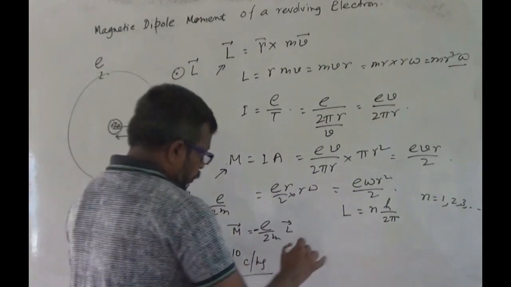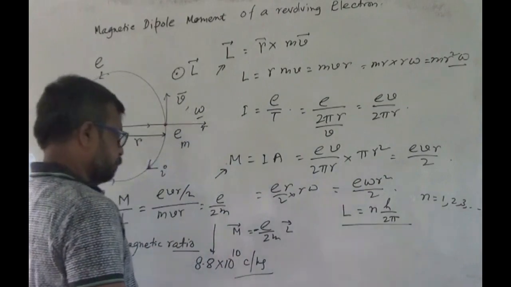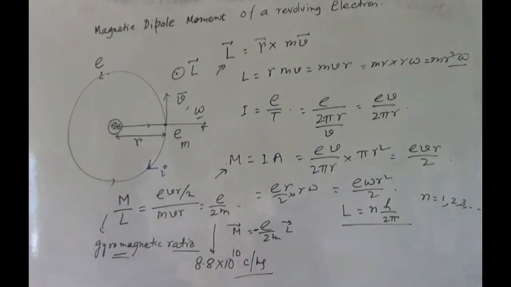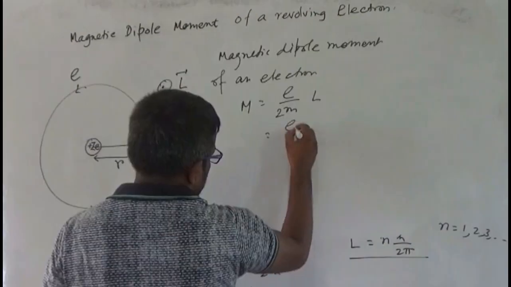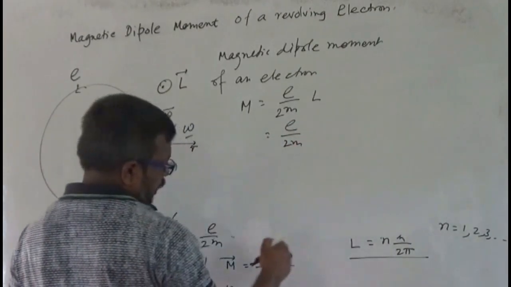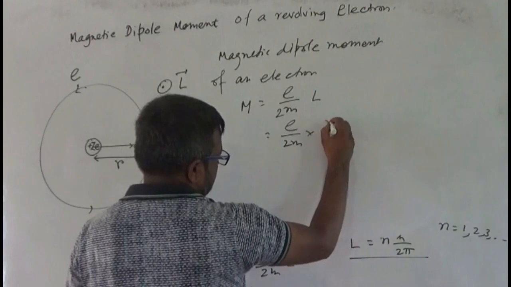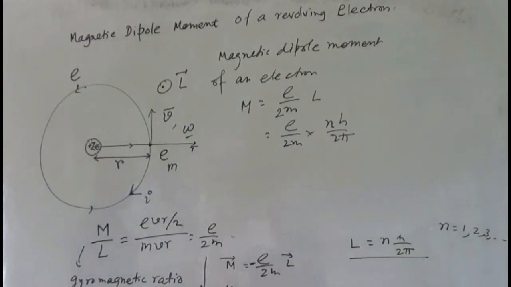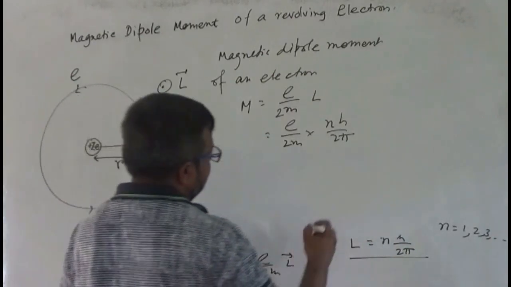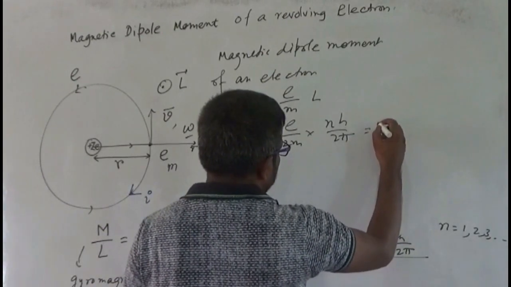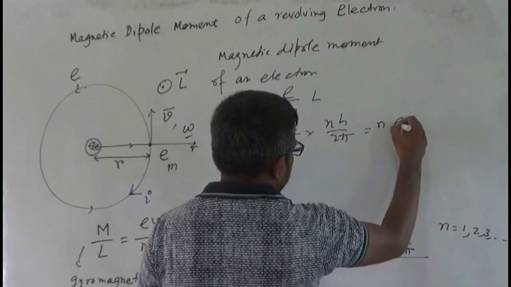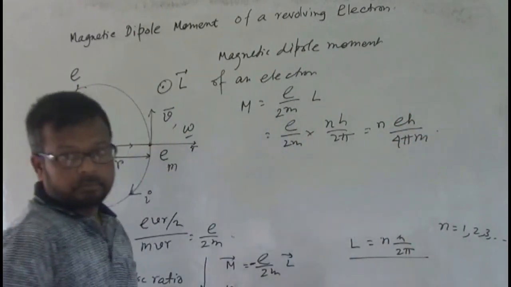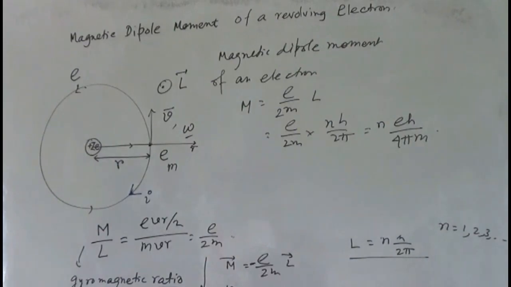Now if we put this in this term, then what will we get? L is nh by 2 pi, where h is Planck constant and n is an integer. And from here we can write n into eh by 4 pi m.